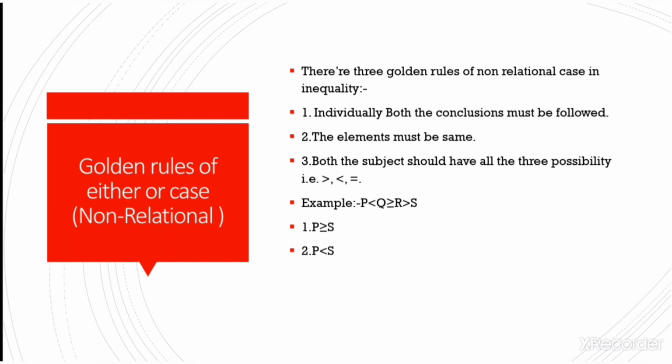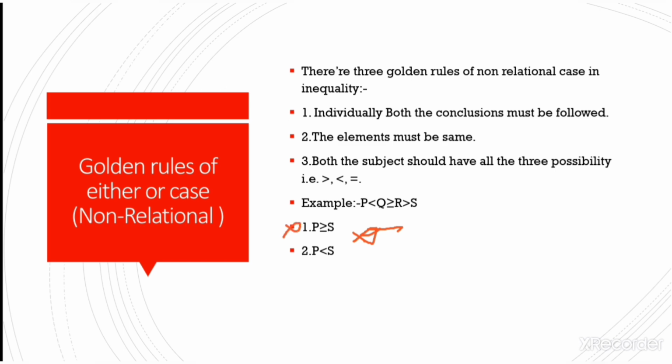So let's see. P is greater than is equal to S. What we are saying here, कि after P we have the closing gate. So since we have the closing gate, you are restricted to move towards the right hand side. So in this way this goes wrong. The first conclusion will be wrong.